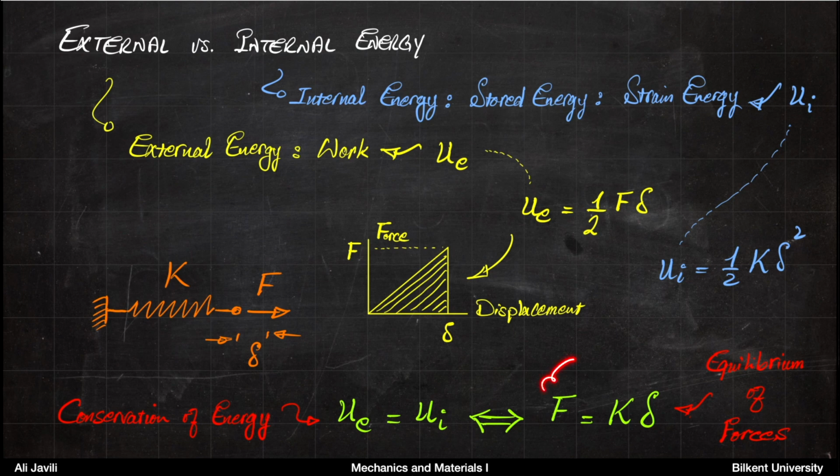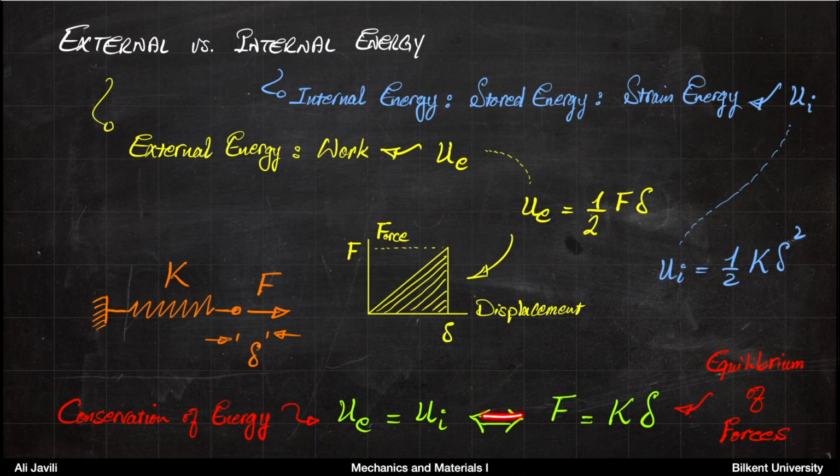The right-hand side, F equals K delta, that is equilibrium of forces. So that basically tells you if you cut a little piece here, so if you use the method of sections like we did before, on the right-hand side you would have, let's say, F, on the left-hand side you would have K delta from the spring. So on that portion, if you want to have equilibrium, the relation F equals K delta must hold.